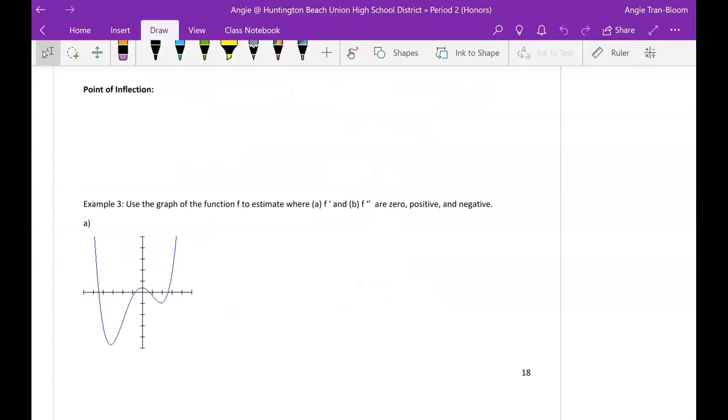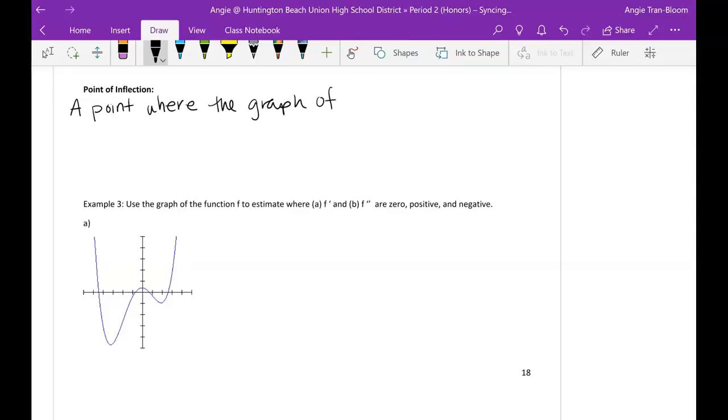Okay, so a point of inflection is a point where the graph of a function has a tangent line. What that means here, class, is that it has a slope, okay?